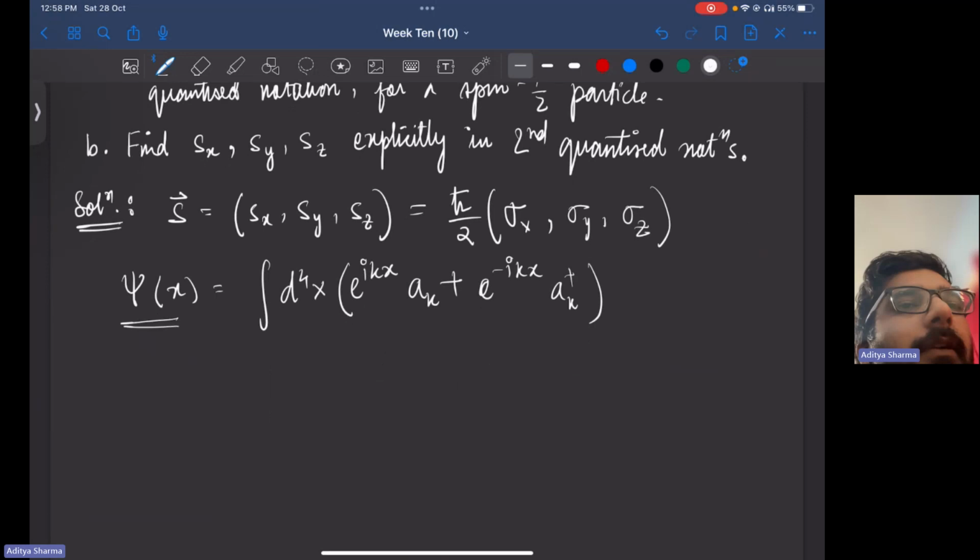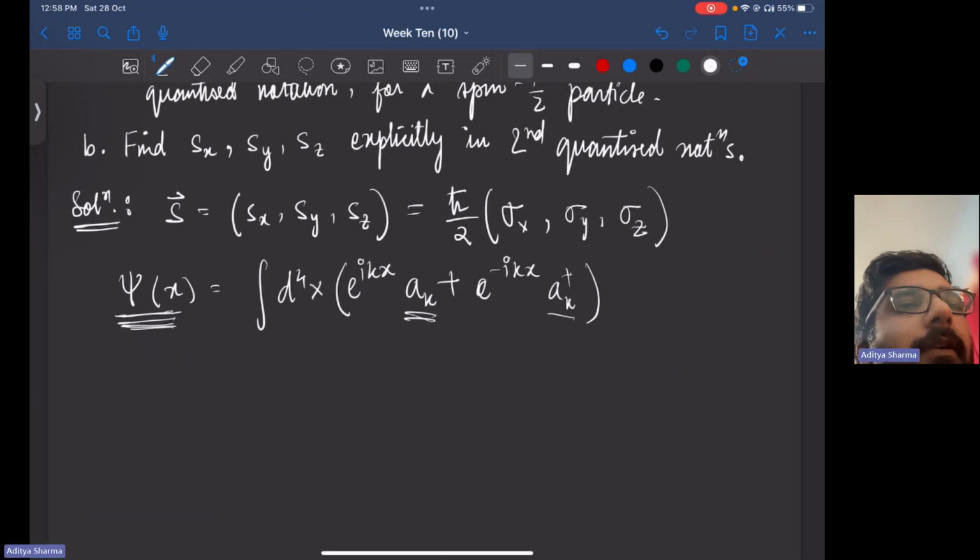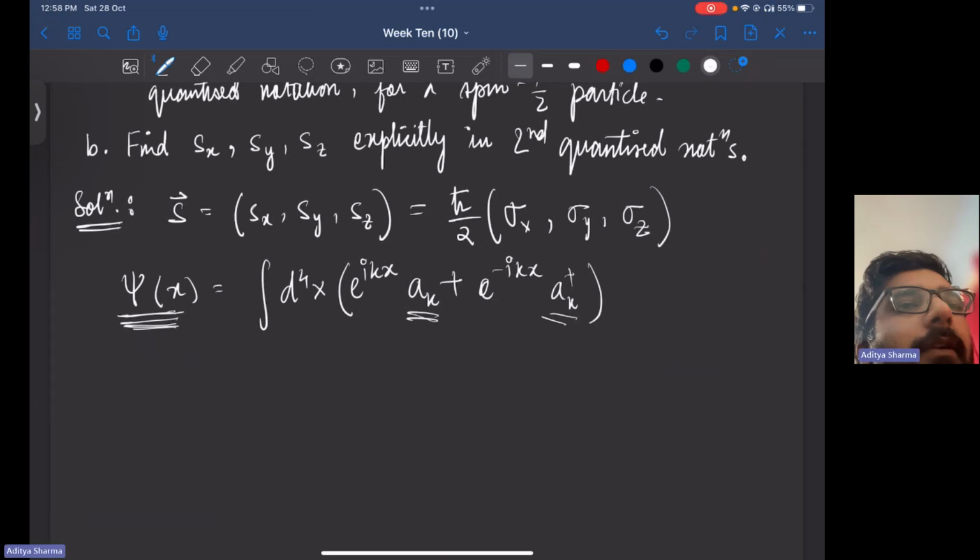We have a wave function, which is already a quantized system, and then we are writing it in this basis, and we'll find the relation between this and this. That is, find the commutation relations starting from the commutation relations of whatever we have here. Okay, this is for field theory basically.